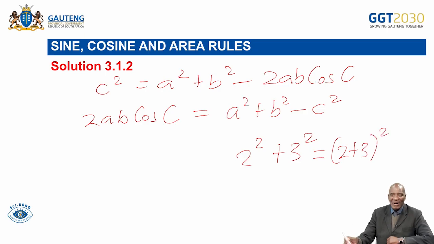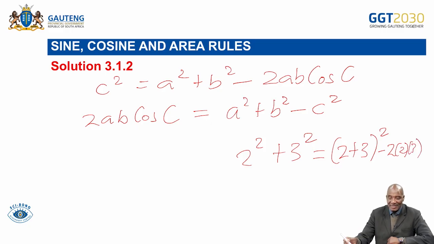You will see what will happen. 2 plus 3 is 5. 5 squared is 25, which is no longer 13. You'll realize that when you expand here, there is the product of 2 and 3 coming. So we must say minus twice 2 by 3.